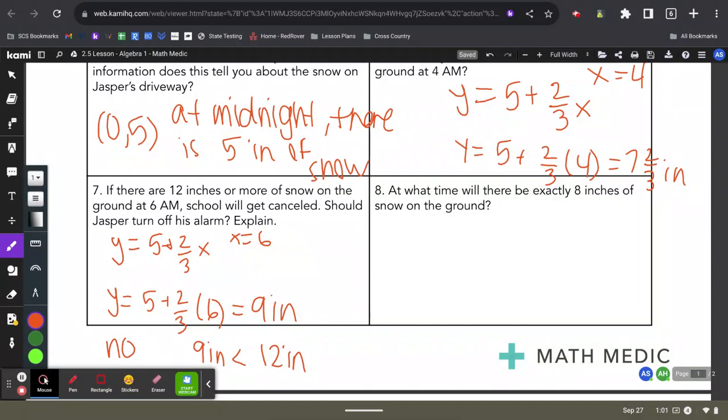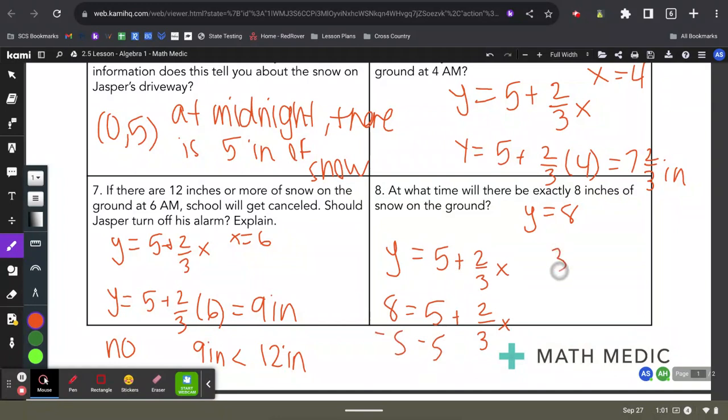At what time will there be exactly 8 inches of snow on the ground? So height is y. So we know our y value is going to be 8 in our formula. So y equals 5 plus 2/3 x. 8 equals 5 plus 2/3 x. Subtract 5 on both sides. 3 equals 2/3 x.